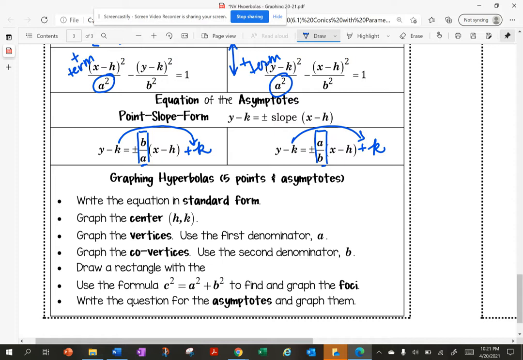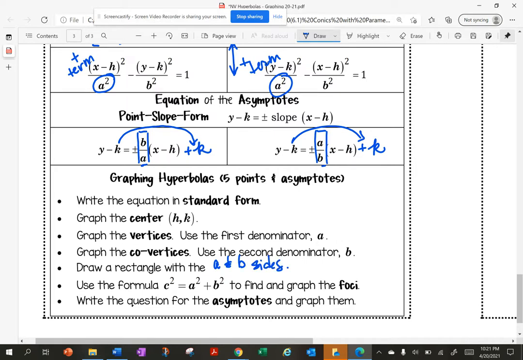So I'm going to write the equation in standard form first. I'm going to first graph the center. I'm going to graph the vertices. The vertices I'm going to know are a distance A away. Then I'm going to graph the co-vertices, which is B. And then I'm going to draw a rectangle with A and B sides.